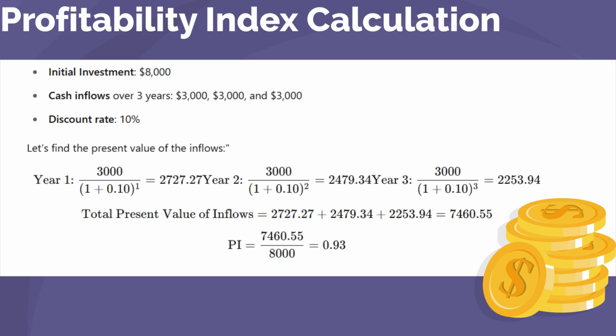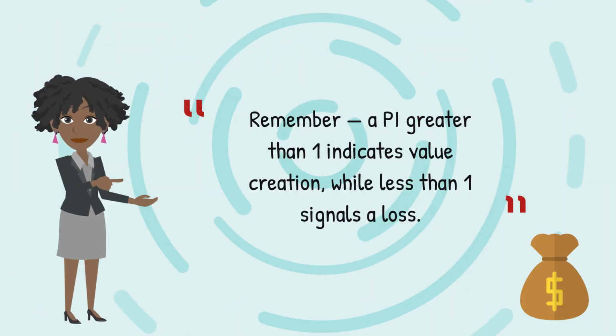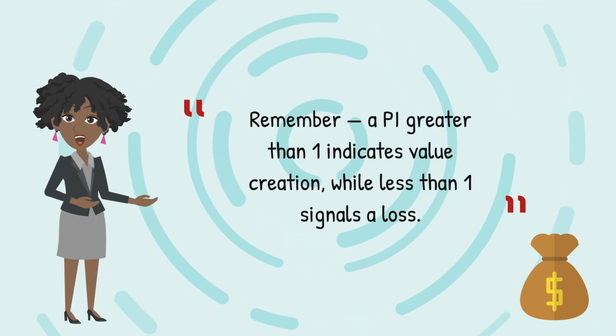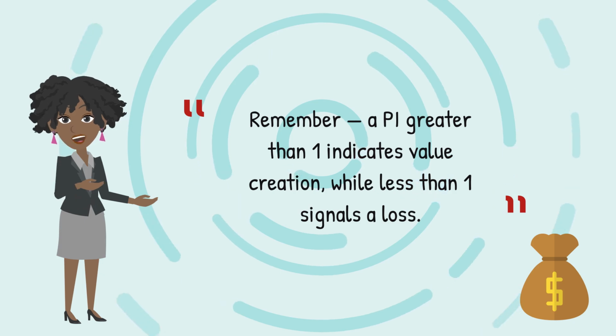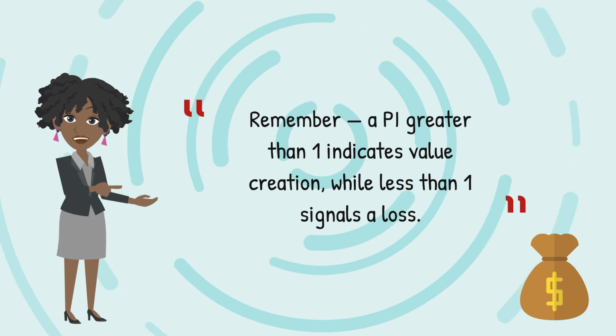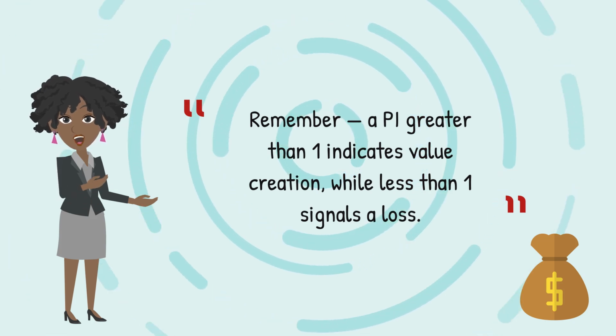Now, we calculate the profitability index, the sum of all the present values of inflows divided by initial investment. That gives us a PI of 0.93. Since the PI is less than 1, it means the present value of returns is less than the investment. This project destroys value and would not be recommended. Remember, a profitability index greater than 1 indicates value creation, while less than 1 signals a loss.